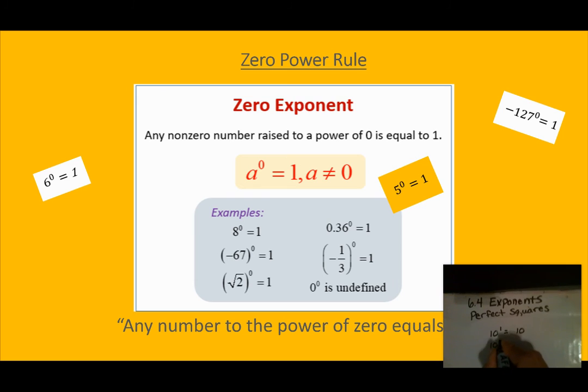But 10 squared is 10 times 10, which is 100. And then 10 times 10 times 10, 10 cubed, is 1,000. So what would 10 to the fourth be?